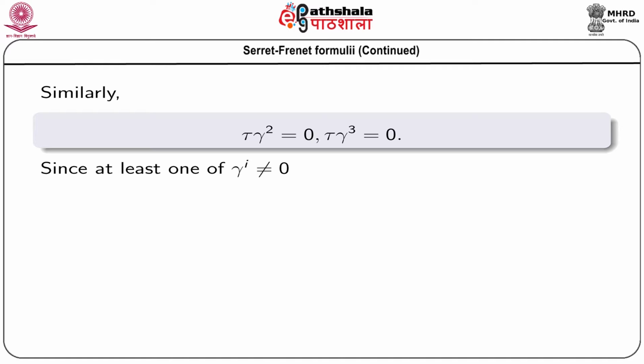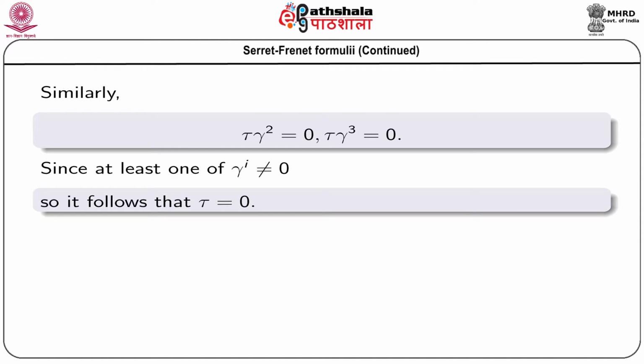Since at least one of gamma I is not equal to 0, because gamma i's are the components of binormal vector, which is also a unit vector, all the components cannot be 0. So, tau must be 0. That means, this is a space curve whose curvature is 1 by a and torsion is 0.